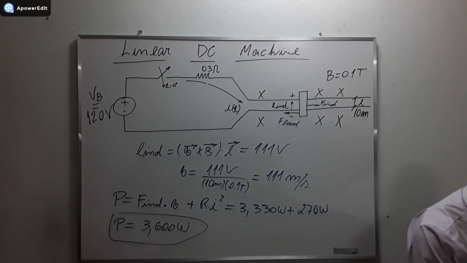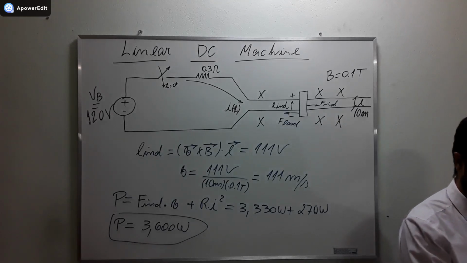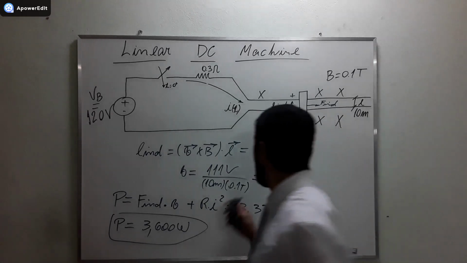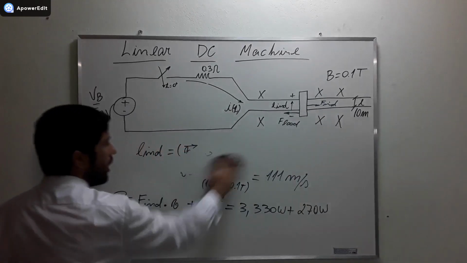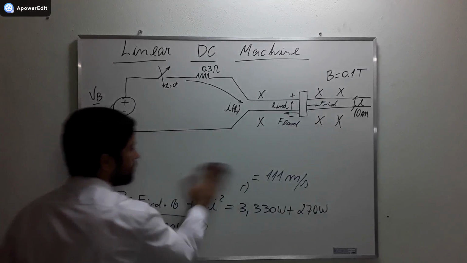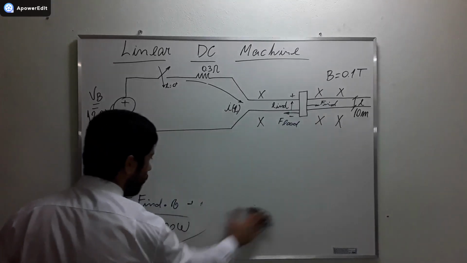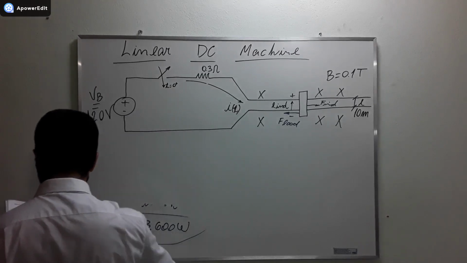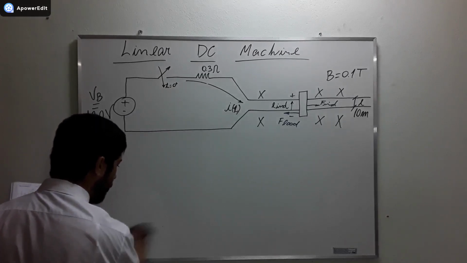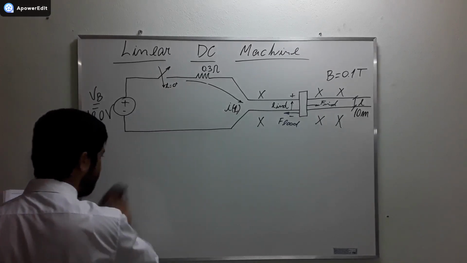Okay, now let's move ahead to letter C. What does letter C want us to calculate? Letter C wants us to calculate the new velocity because we want to decrease the field.